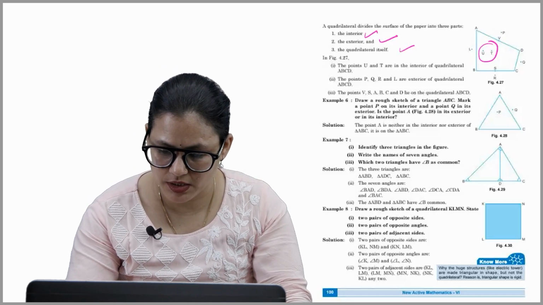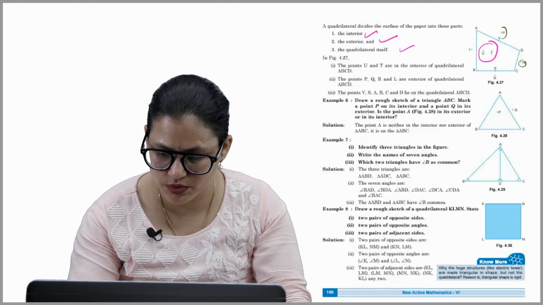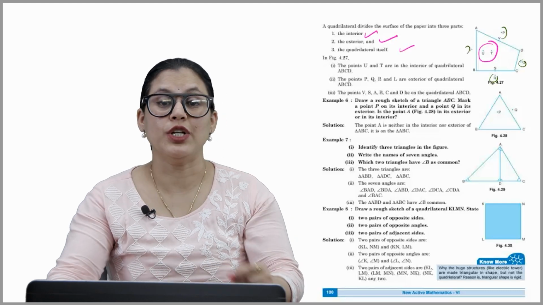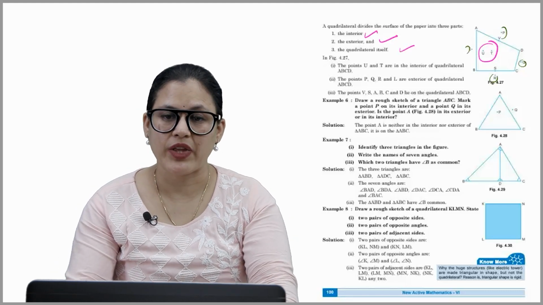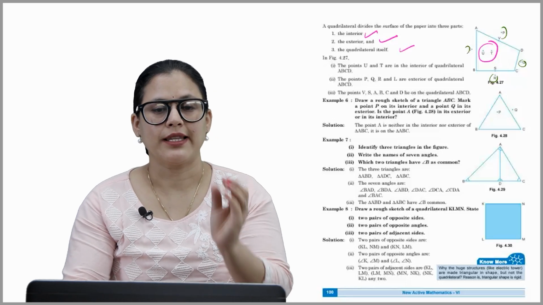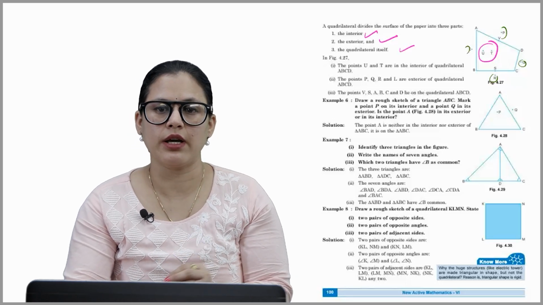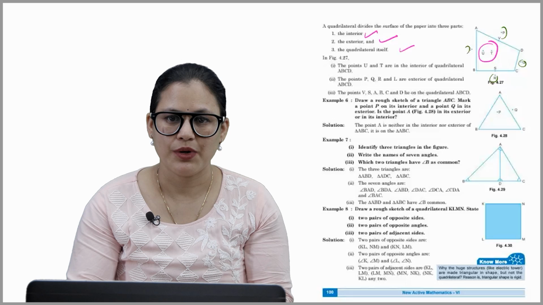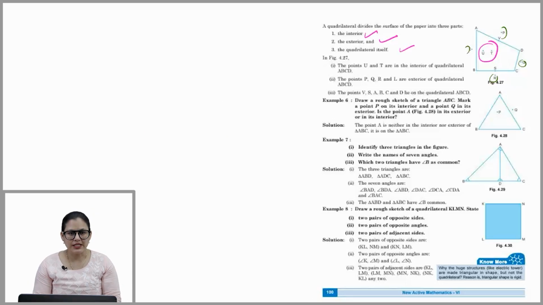This is P, this is Q, this is R, L, exterior points of quadrilateral ABCD. And the rest of the points, that is V, S, A, B, C and D lie on the quadrilateral ABCD, right?